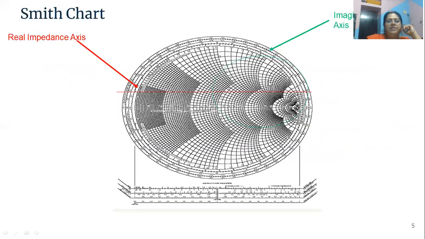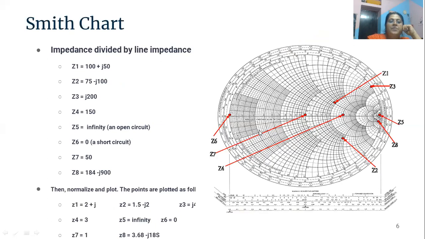So this is the graphical representation of the Smith chart. This is the real impedance axis, and these circles show the values of the imaginary impedance axis. And these lengths are considered in terms of the wavelength. Now, the impedance is divided by the line impedance.